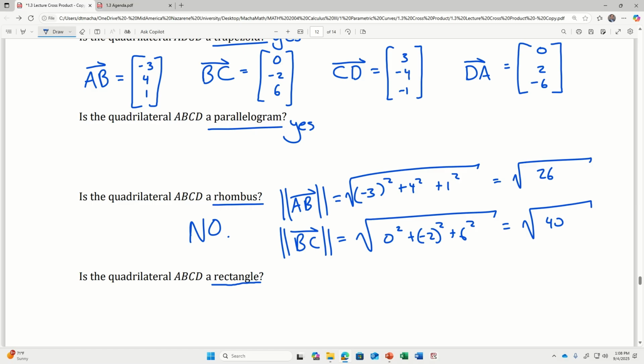So let's see. Is the dot product between the first 2 sides equal to 0? That's negative 3 times 0 plus 4 times negative 2 plus 1 times 6.